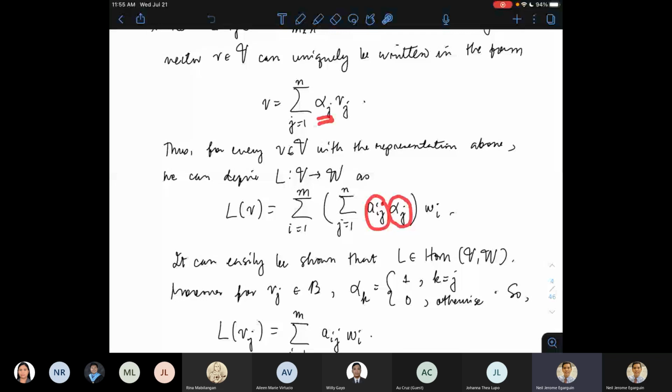Phi of L is equal to Aij if and only if L vj is equal to the sum of Aij Wi. So that's from equation 55. So that means I need to check what is the image of a basis element under the linear map L that I have just constructed here.